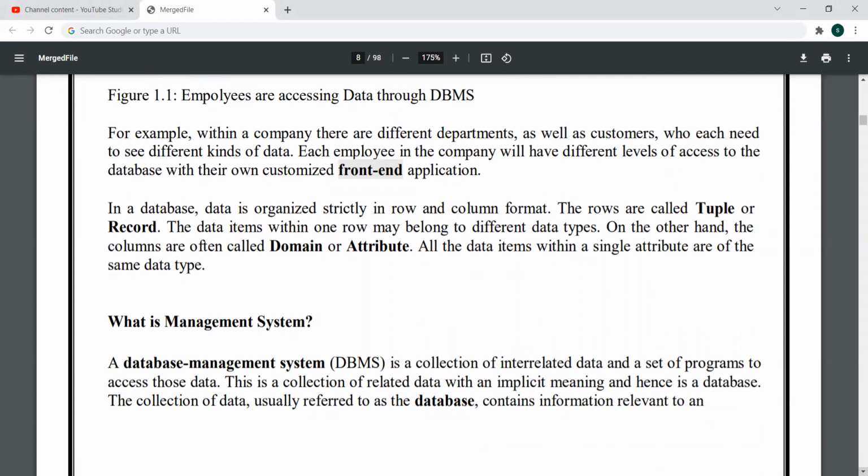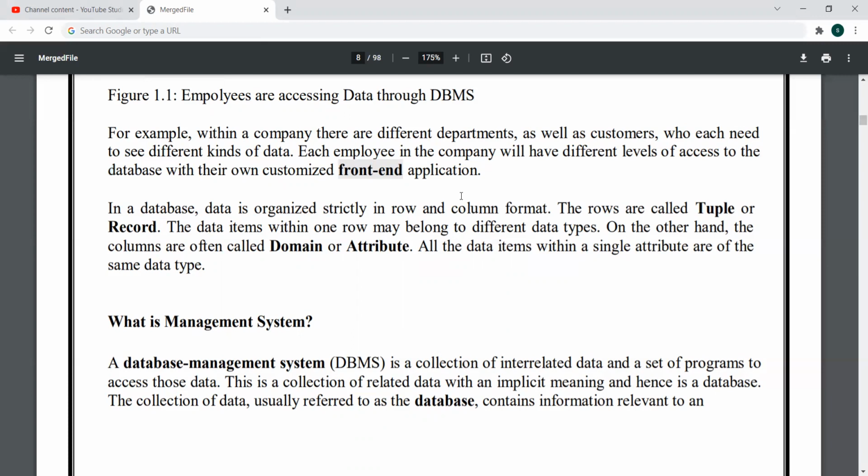Each employee in the company will have different levels of access to the database with their own customized front-end applications, that is Python, Java. In a database, data is organized strictly in row and column format.